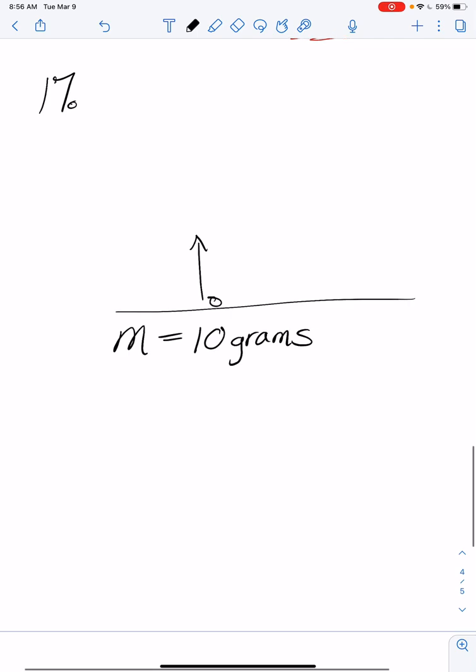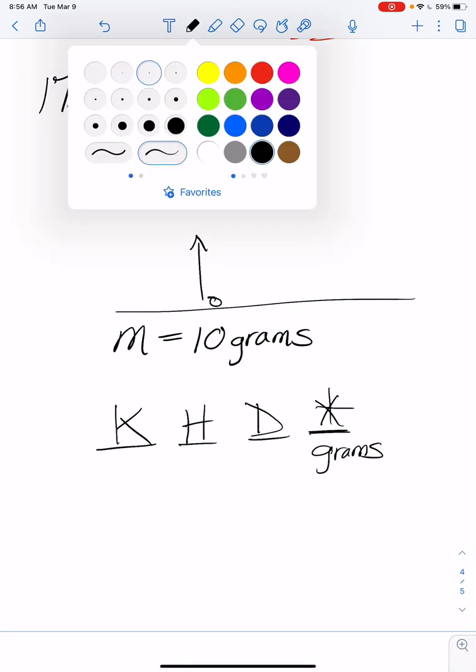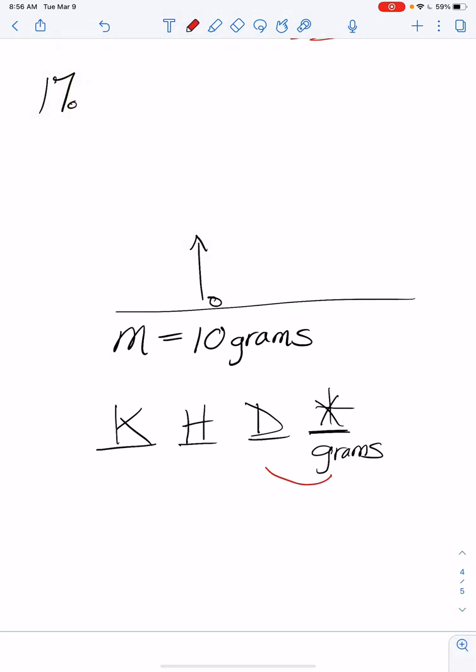So let's remember here, grams. We'll put the star right here. So we have grams, and we have to get to kilograms. This is hecta, this is deca. And so we can see here our decimal has to go 1, 2, 3 to the left.